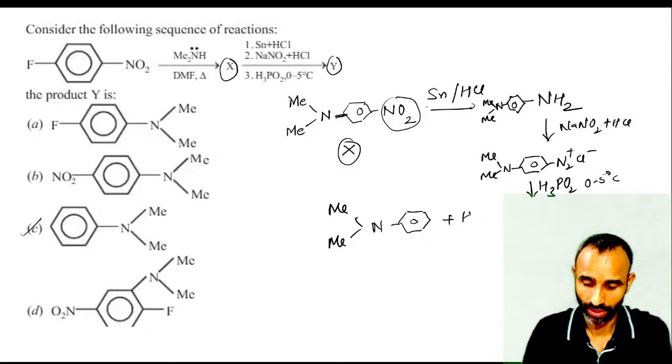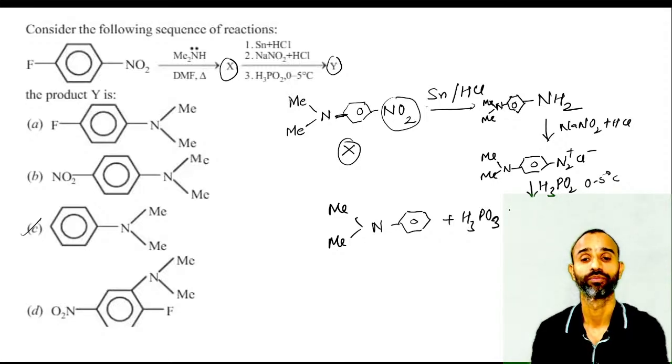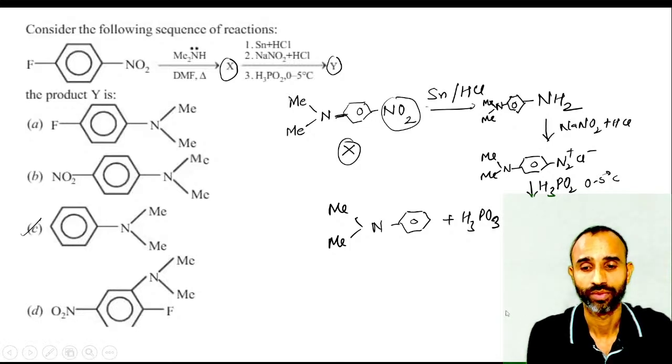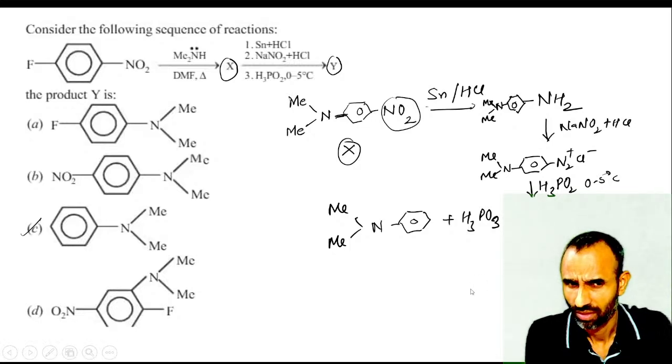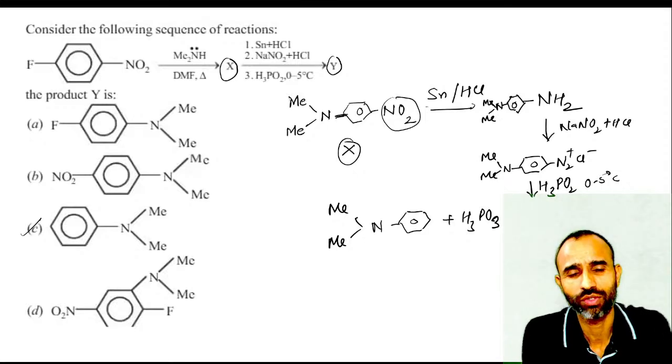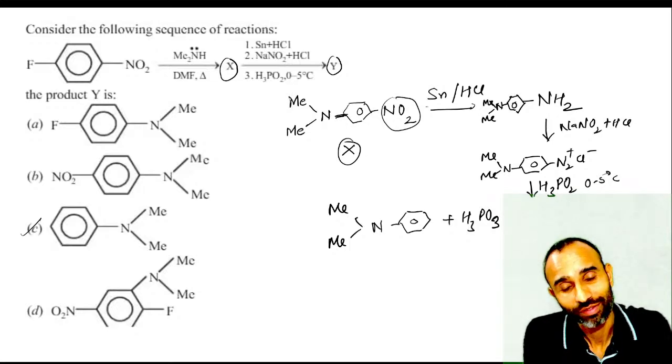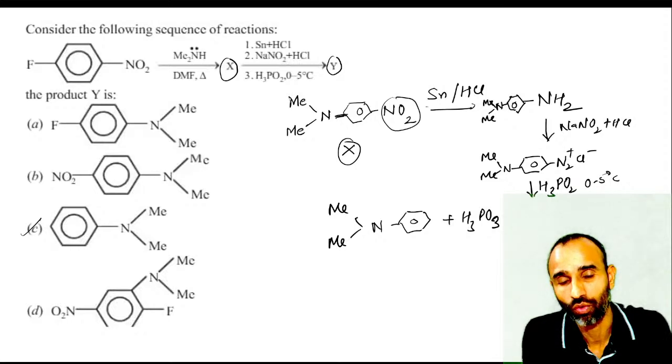So we get this product along with other products, N2 and all. I think from X to Y there must be a question, but the replacement of fluoro by dimethylamine is not in your syllabus, so it might not be asked.